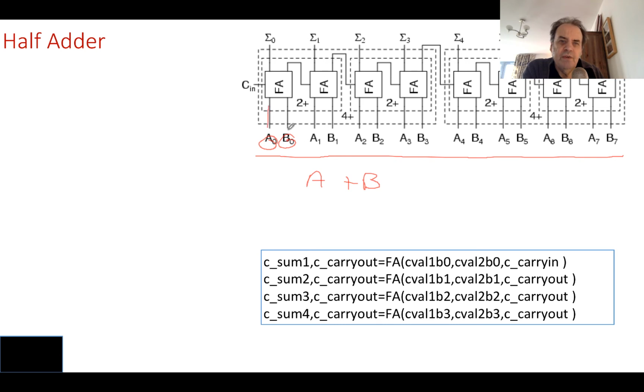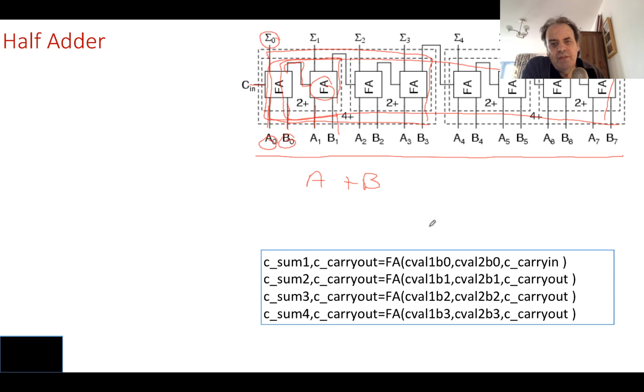So they go into a full adder, and we bring in the carry in, and that will give us a sum. We take the carry out here and then feed that into the next gate, take A and B and so on. So that's a 2-bit adder, and this is a 4-bit adder, and then this is an 8-bit adder. So we can build them up in stages here.